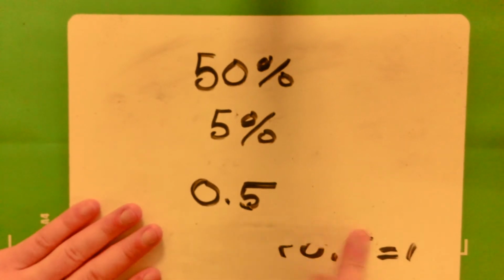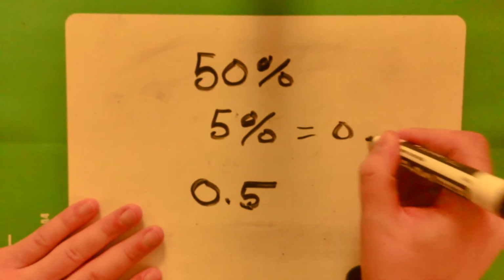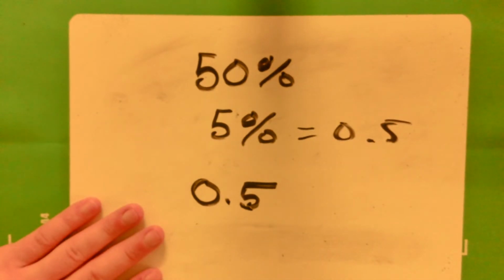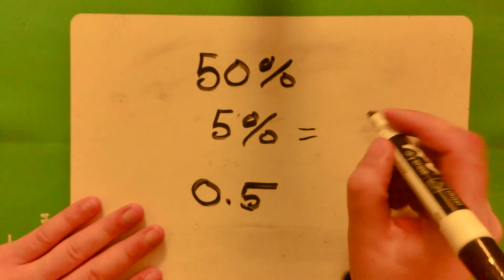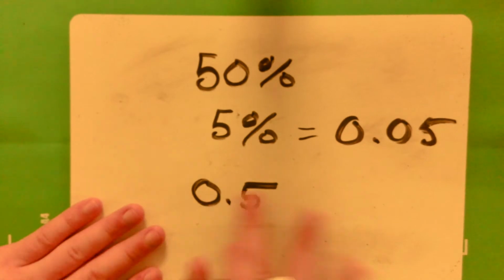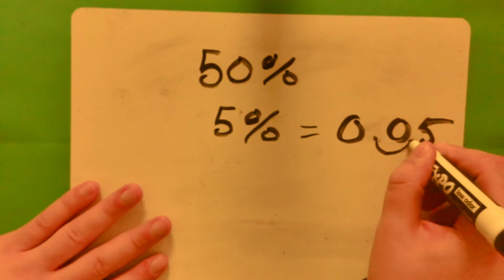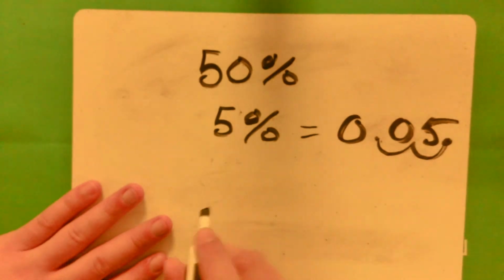Now, people often get confused with this. When they think of 5%, they'll often say, well, 5% equals 0.5, and that's not actually the case. 5% would equal 0.05, because we have to remember, you have to move the decimal place twice. So if I move the decimal place twice, once, twice, my decimal is here.